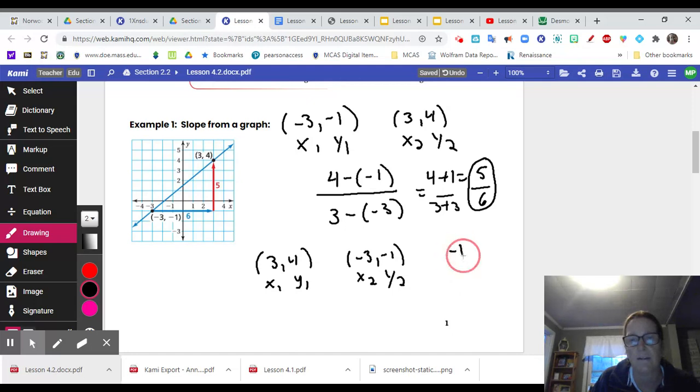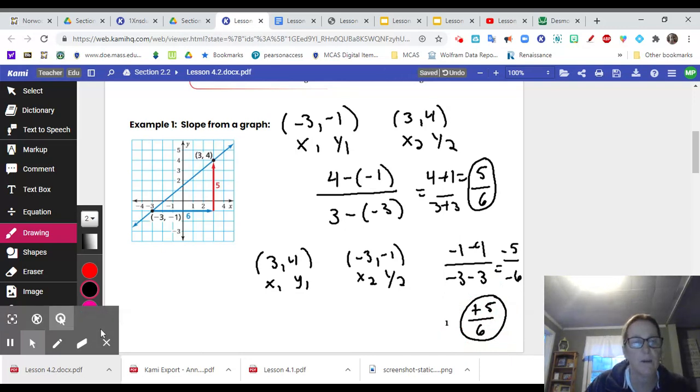So they would have done -1 minus 4 over -3 minus 3. And instead of getting 5/6, they would get -5/-6. But a negative divided by a negative is a positive, so when they simplify that fraction, they would get the exact same slope. So which point you label x1, y1 and which point you label x2, y2 does not matter.